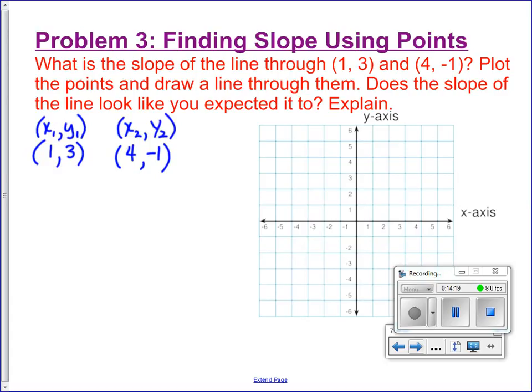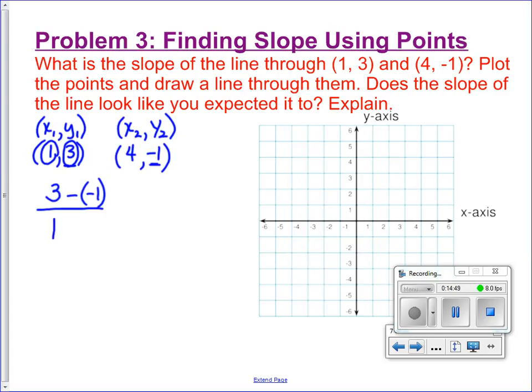But if I start with this point, 3 minus -1, that would be my change in my y's, which is the change in my vertical distance or the change in my dependent variable. Then on the bottom, since I started with the 3, I've got to start with the 1.